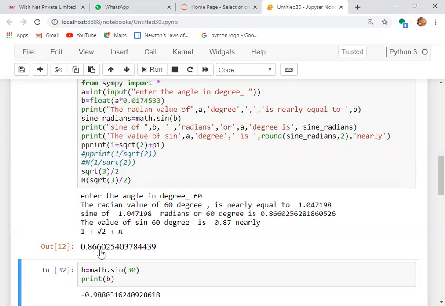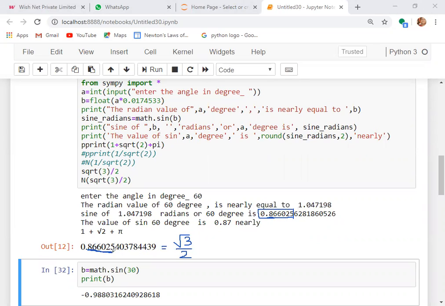So sine 60 degree is nearly that, because up to this mark, 0.866025, up to this limit, they remain equal. This is the value of root 3 by 2, and this is the value of sine 60 degree.